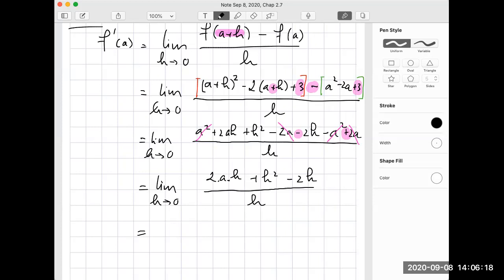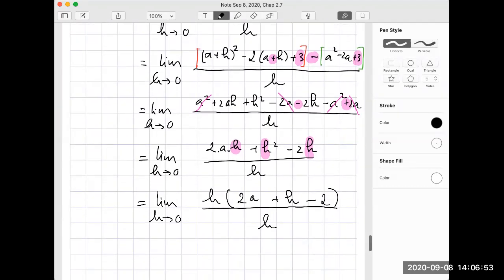Now, again, in the numerator, there is h here, h here, h here. So the common factor of this would be h, right? So let us factor it out, right? When we factor h out, the first terms will be 2a plus h minus 2, okay?